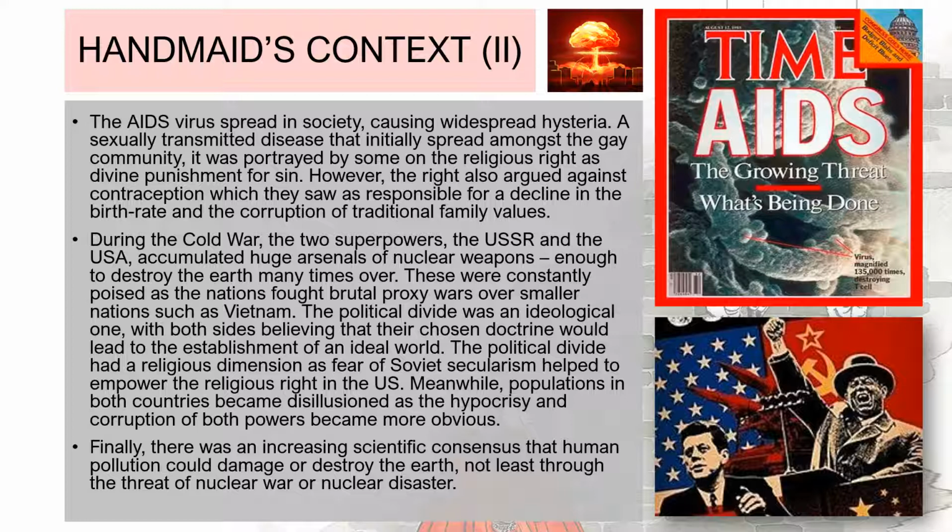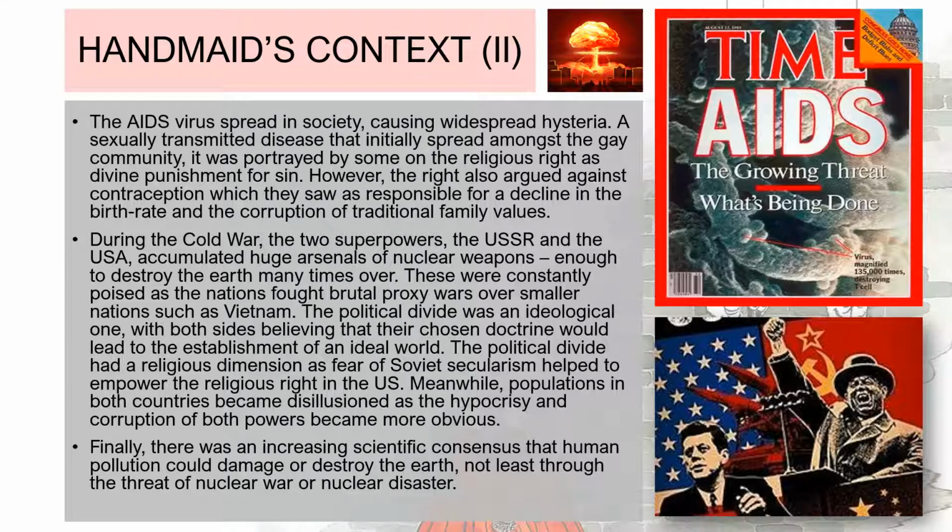And finally, we have the growing awareness of pollution, and this idea that either through our nuclear arsenals, which we as a global race are accumulating in the 1980s, or our ongoing pollution through greenhouse gases and emissions, there's a feeling starting to come around in the 1980s that we have the potential to destroy the earth on which we live.